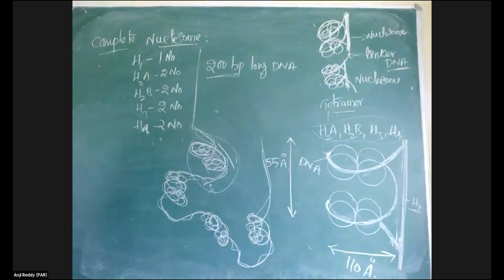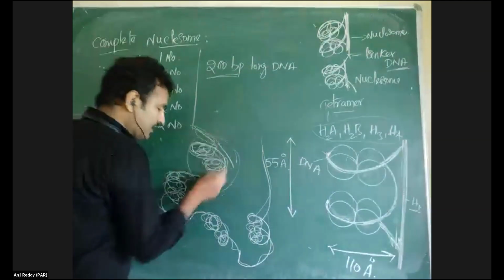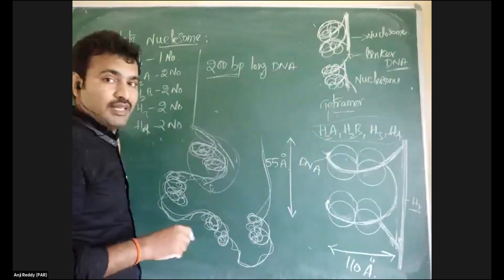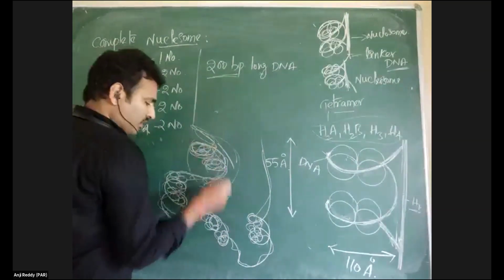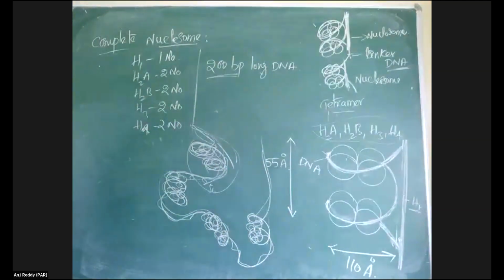Chromatin material means the beads on string. See here, DNA chain is appearing like a string, like a thread. On that, these histone proteins are appearing like beads. That bead what we are calling nucleosome.